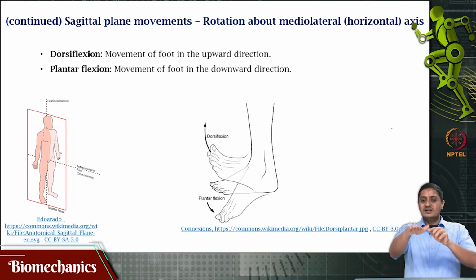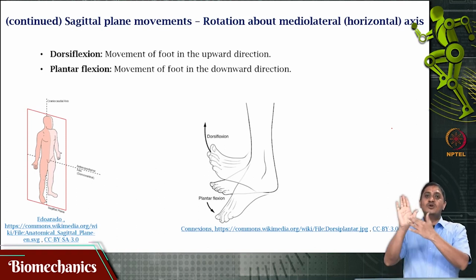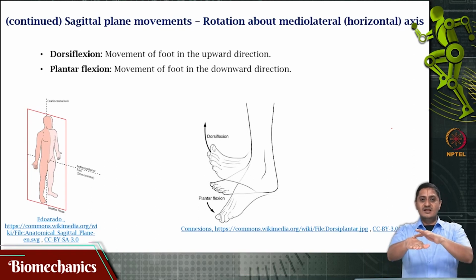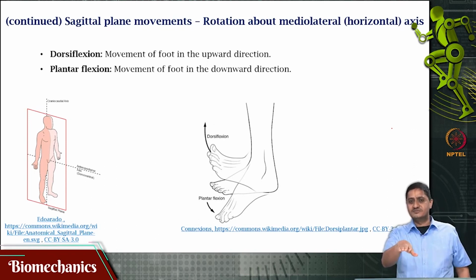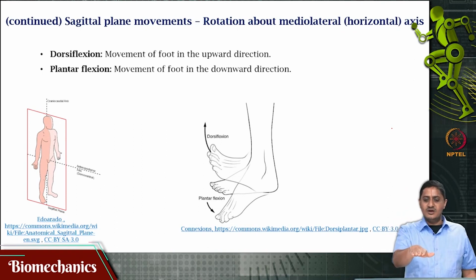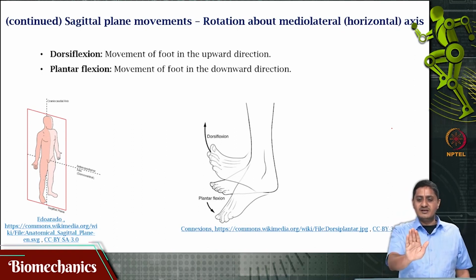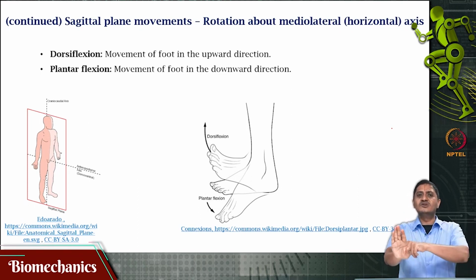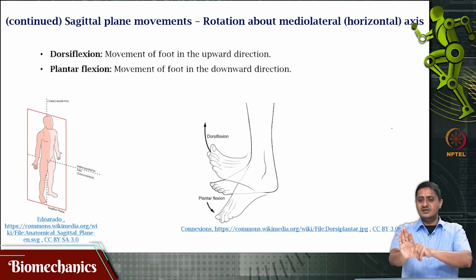Now that means this is the sole of the foot, this is the top of the foot, and this can be considered to be an ankle. Let us consider my hand is my foot. So I am moving my foot such that the toe is coming closer to the shank.